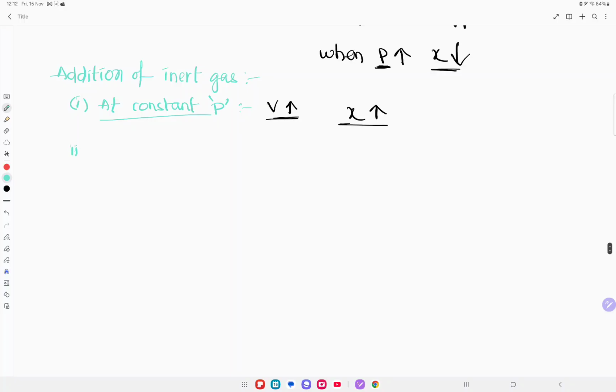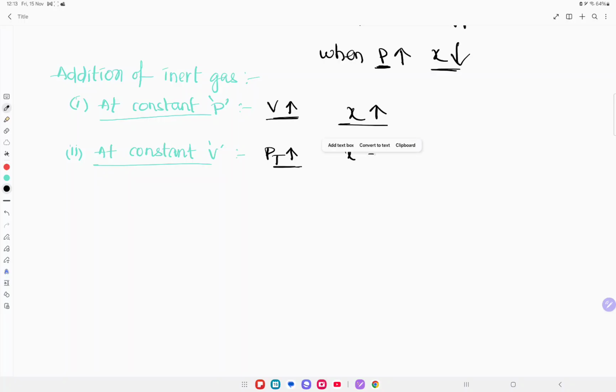Addition of inert gas at constant volume. By the addition of inert gas at constant volume, for all kinds of reactions, X remains the same. What happens? Total pressure increases, but total pressure does not show any effect on X. Only partial pressure will show an effect on X. So X remains the same.